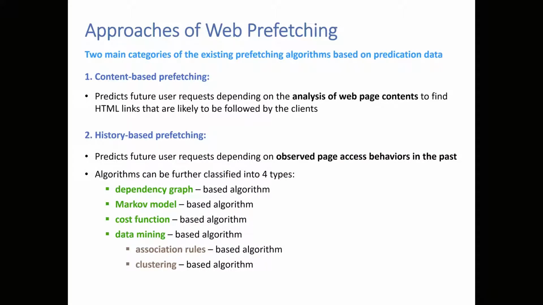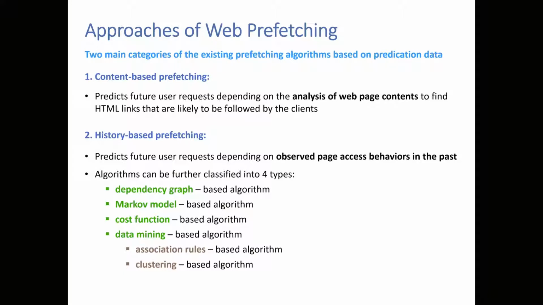History-based prefetching makes predictions based on observed page access behaviors in the past. Many studies were interested in enhancing the techniques of this category. Its algorithms can be classified into 4 types: dependency graph, Markov model, cost function, and data mining-based algorithm.